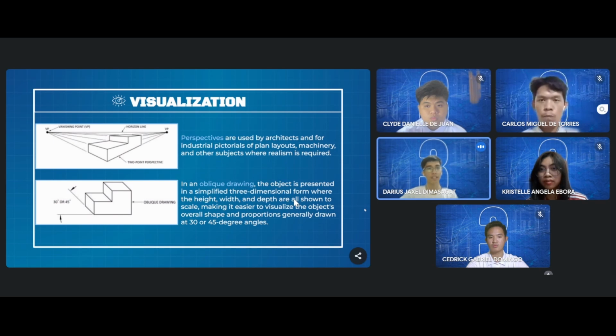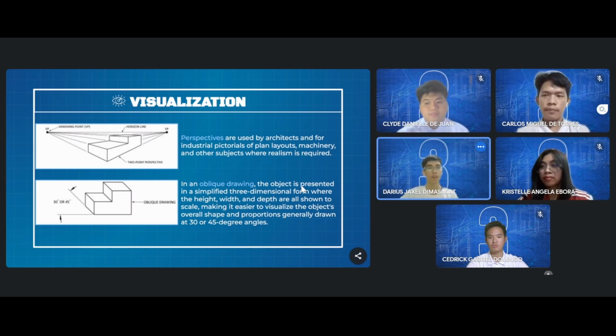Perspectives are techniques used by architects in drawing to give the drawing a sense of space for the viewer. They show how the object will look in 3D space and are used where realism is required.